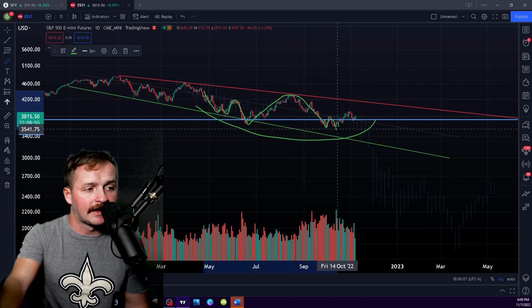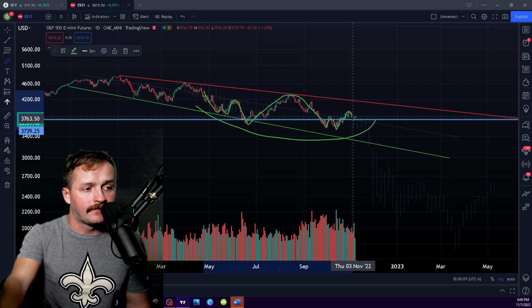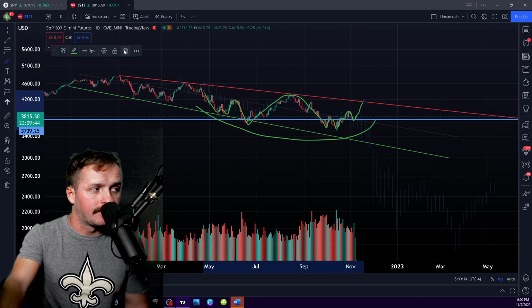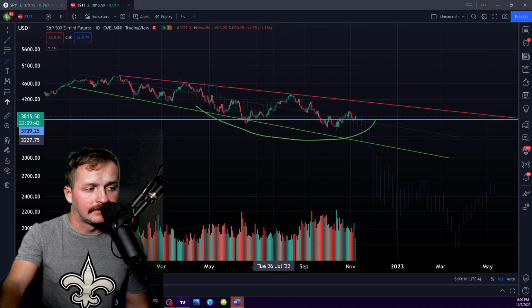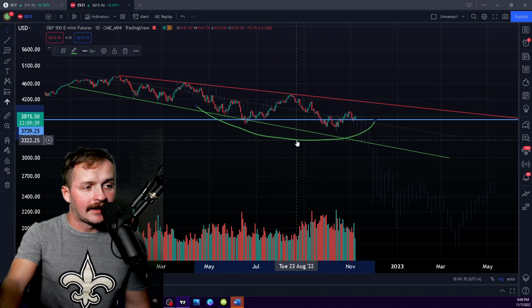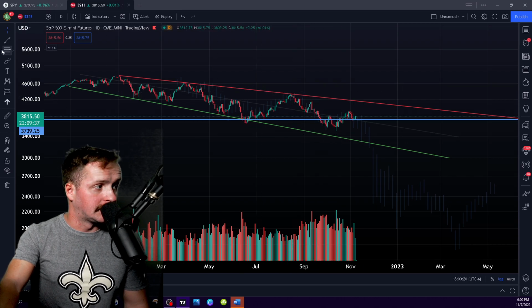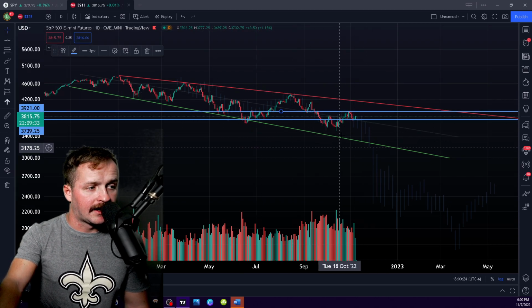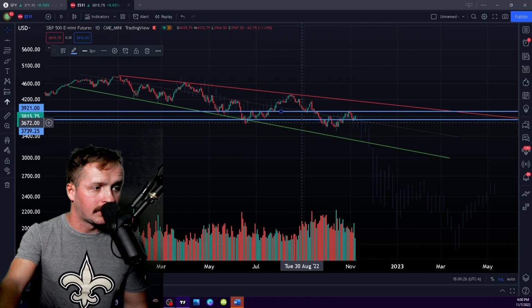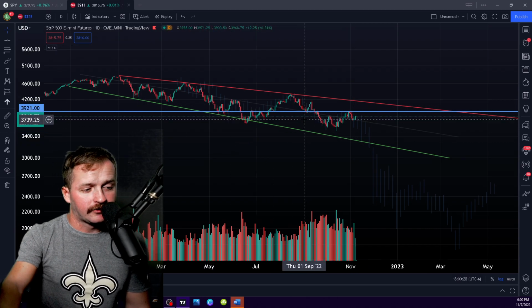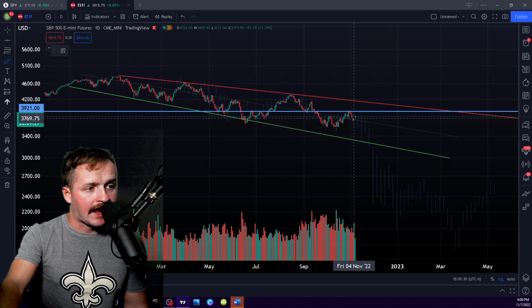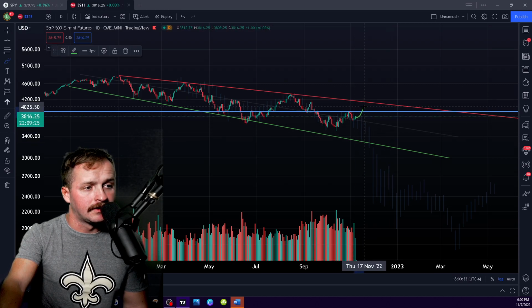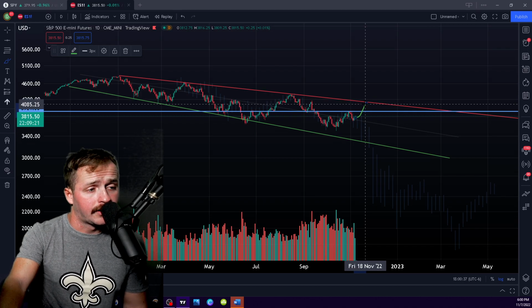You have the spring type action, and then a markup phase begins, back up for a last point of support, and a continuation up. But really, what matters is that the volume steps in, especially if you come back up here and test these highs at 39.21 or so, that's when it's really going to matter that you have some bullish volume come in for a continuation of this move all the way up to 4,100 or so.